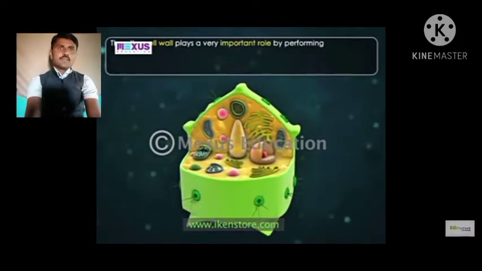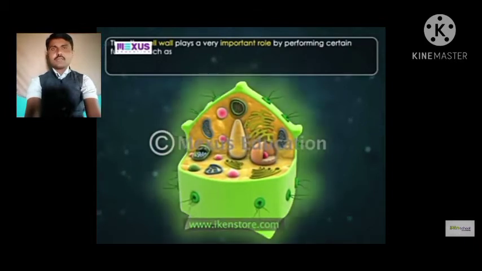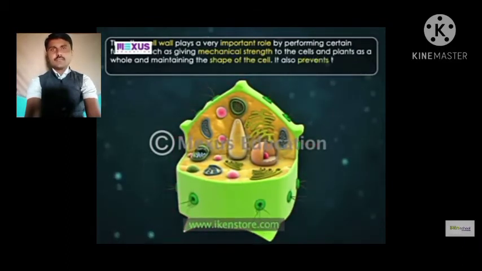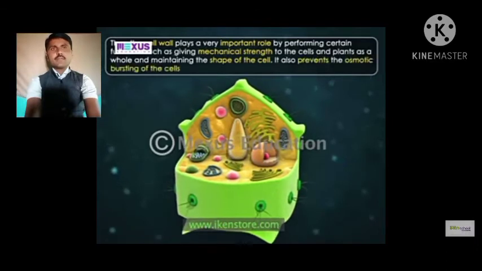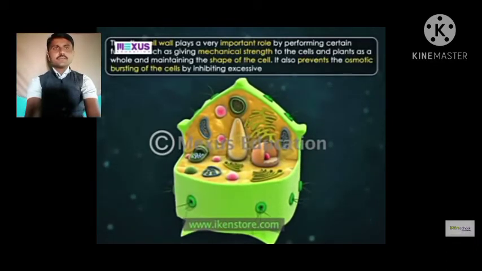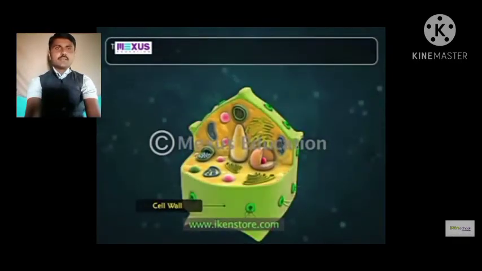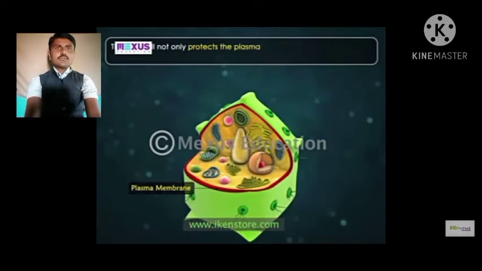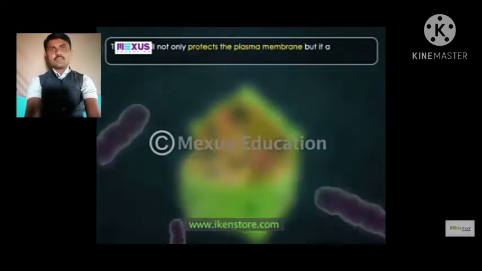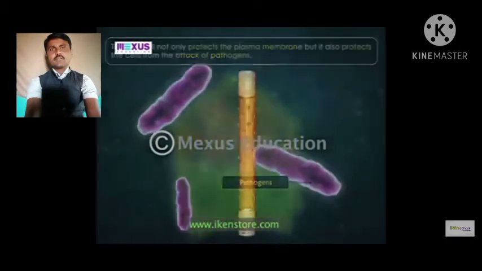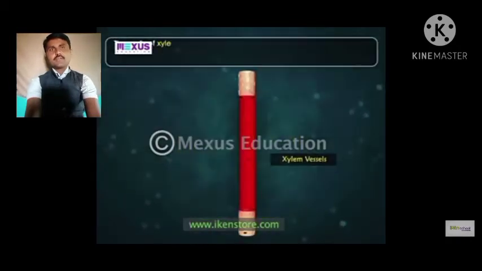The cell wall plays a very important role by performing certain functions, such as giving mechanical strength to the cell and to plants as a whole, and maintaining the shape of the cell and the shape of the tissues. It prevents the osmotic bursting of the cells, and it not only protects the plasma membrane, but also protects the cells from the attack of pathogens or other external attacks.